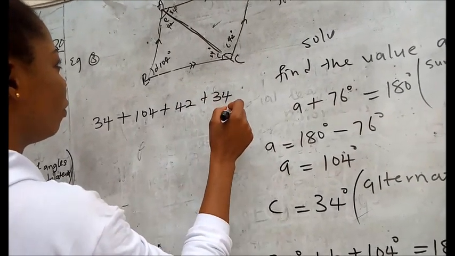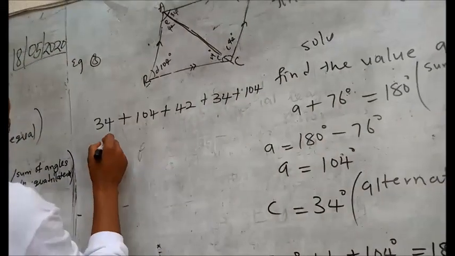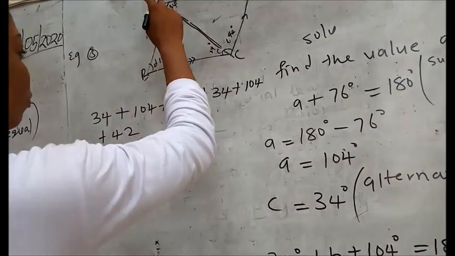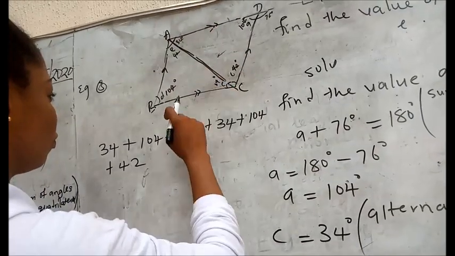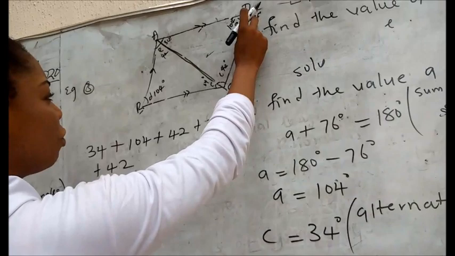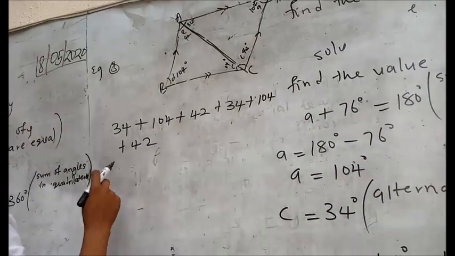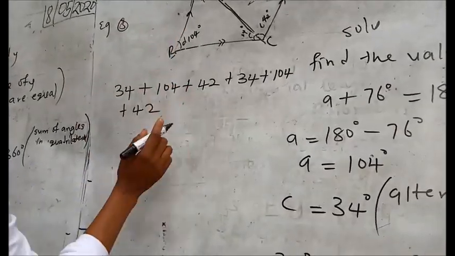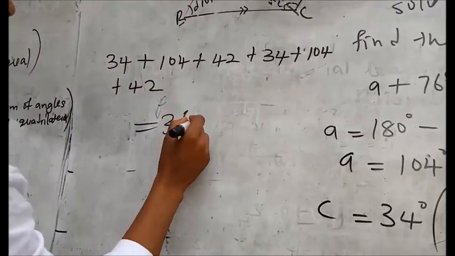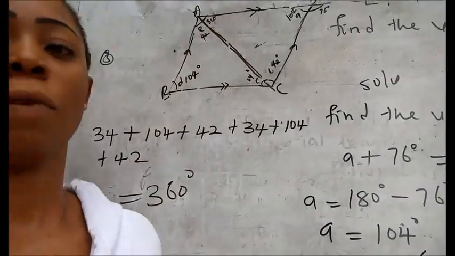Why will I not include this? Because it's not inside the parallelogram. If I add everything here, it's going to give me 360 degrees, which is the sum of angles in a quadrilateral.